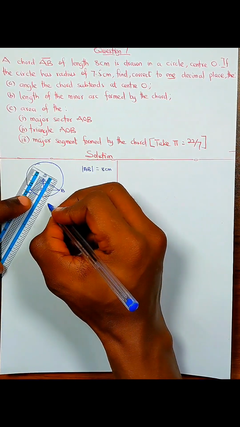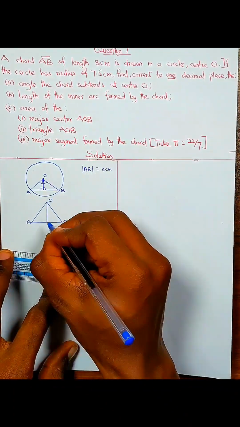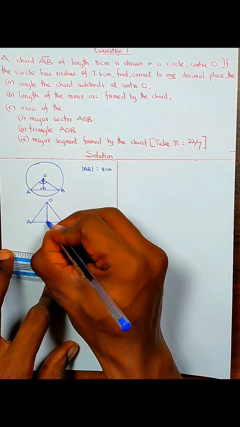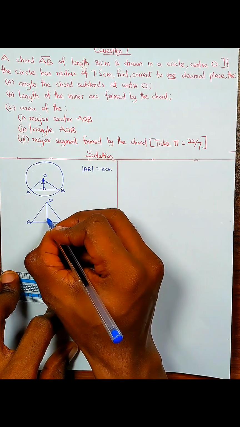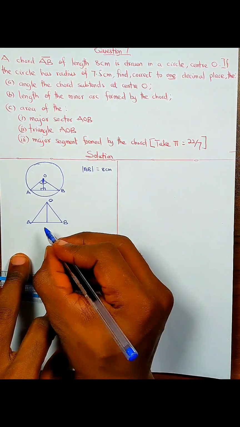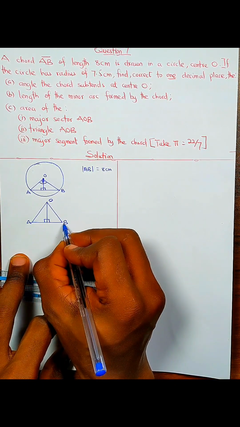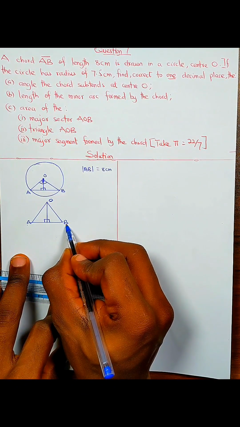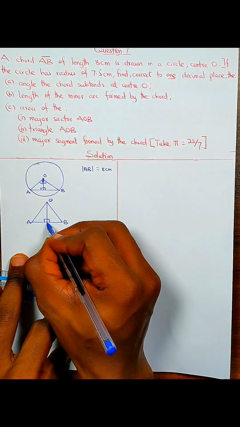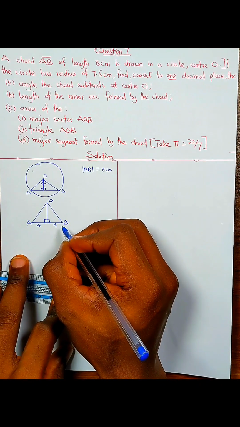So now let's take out that triangle. Let's not forget the line from the center that touches a chord is perpendicular. That means it forms an angle of 90 degrees, and it divides the chord into two equal parts. The total distance is 8 centimeters, so this side becomes 4 and this side becomes 4.